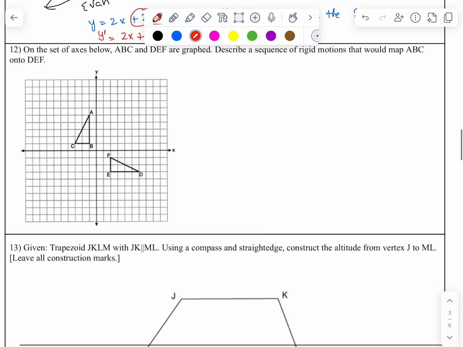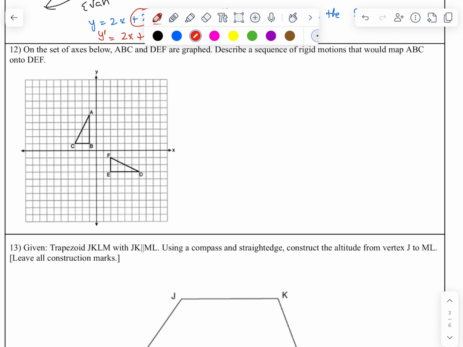Okay, here we're going to describe a sequence of rigid motions that would map ABC onto DEF. I personally prefer not to do rotations if we do not have to.